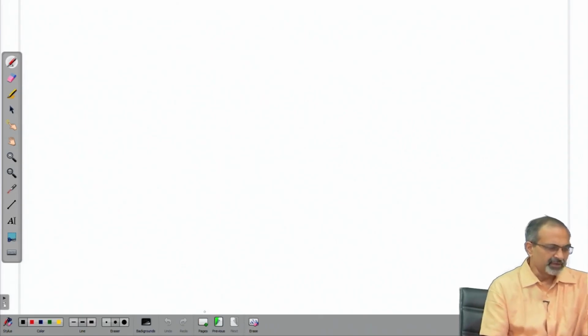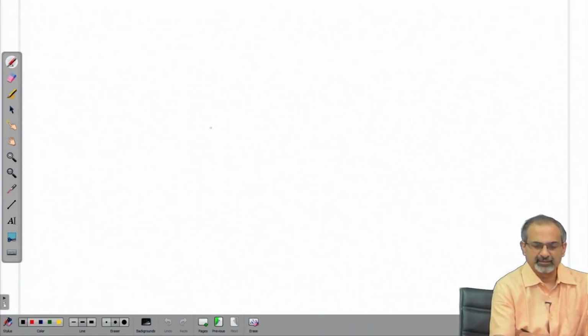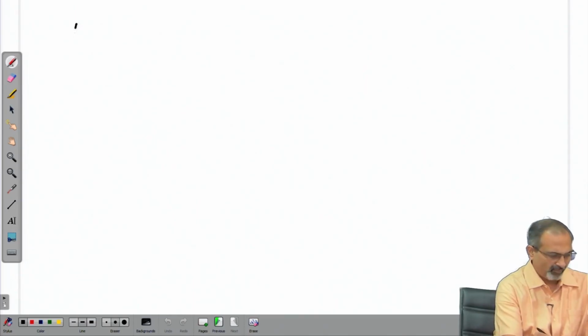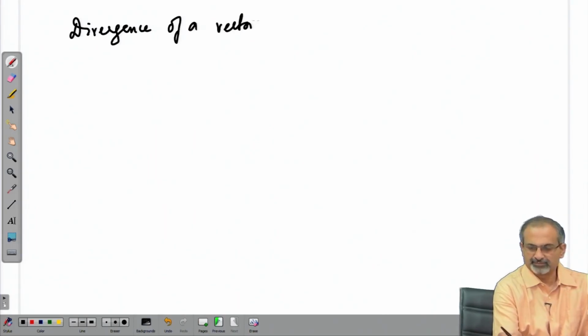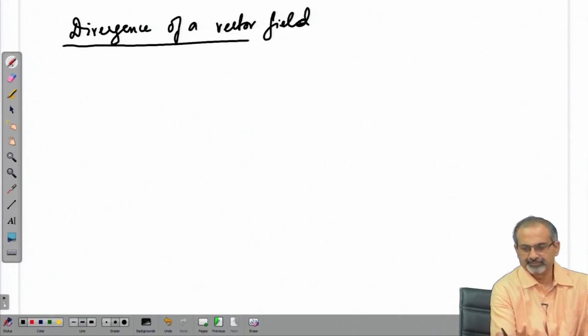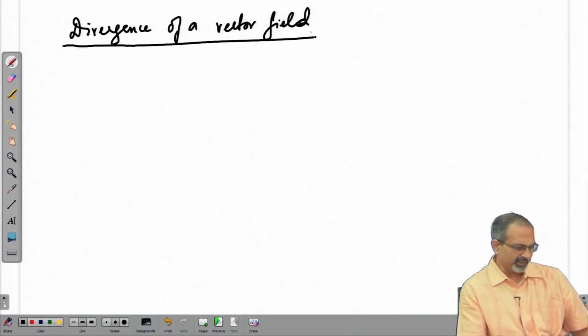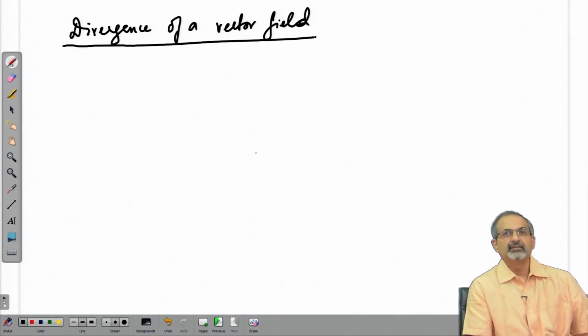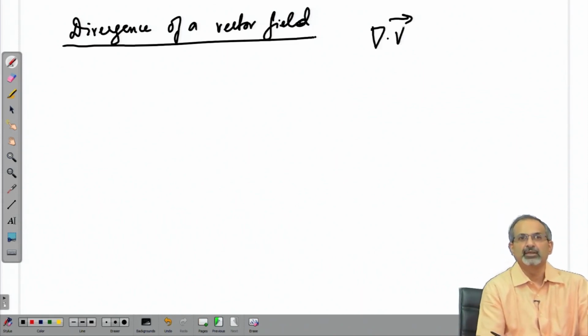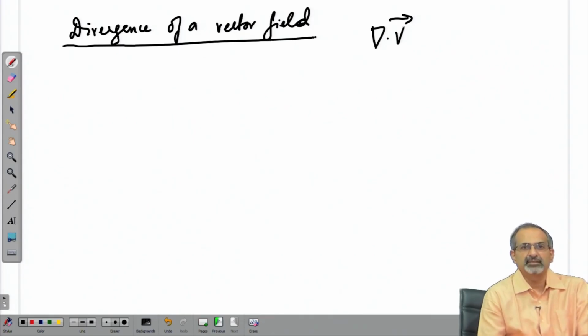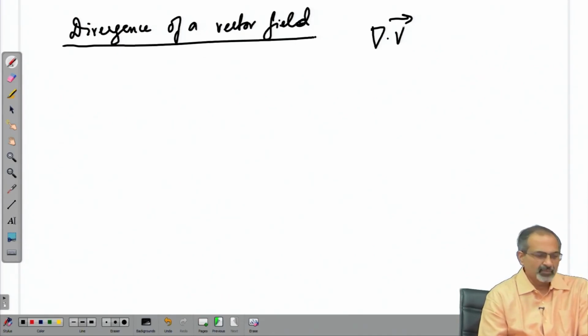So, we discussed briefly about gradient of a scalar field. Now, next we will discuss divergence of a vector field. Few minutes back, you saw the mention of divergence of velocity field when we were looking at the matrix comprising of the derivatives of the velocity components.